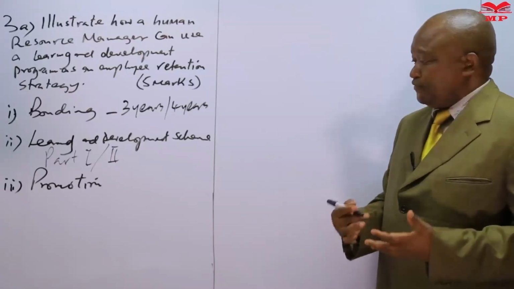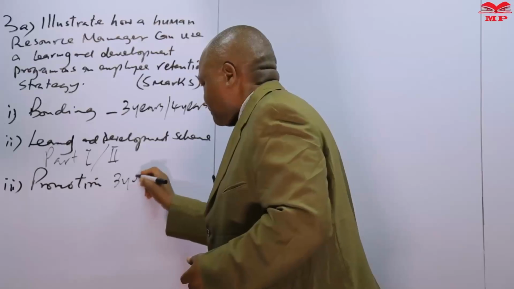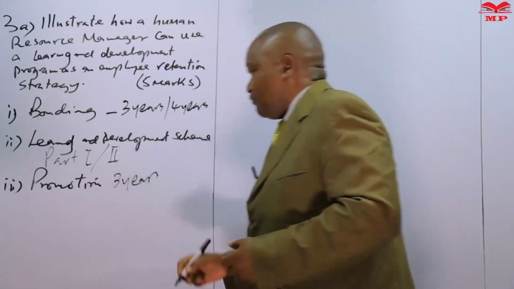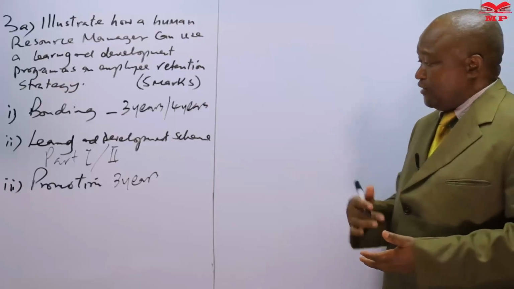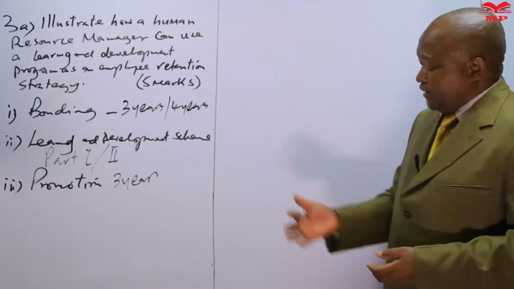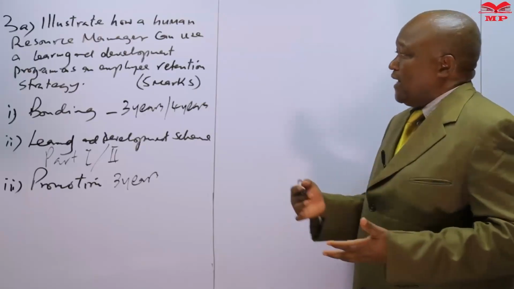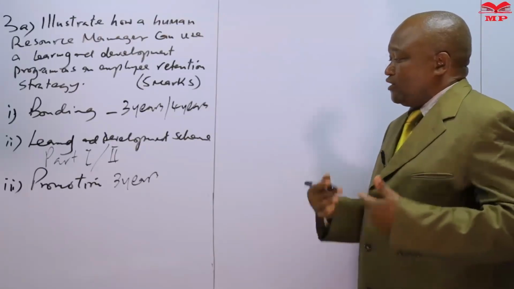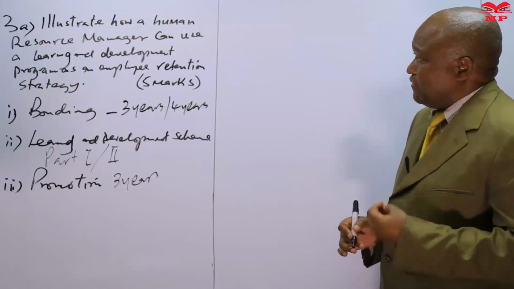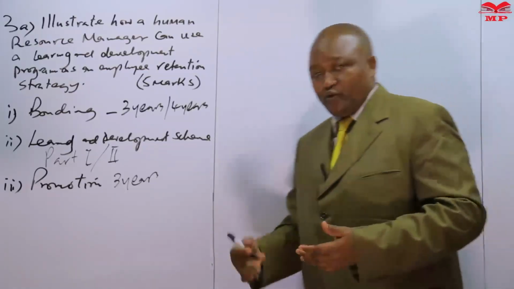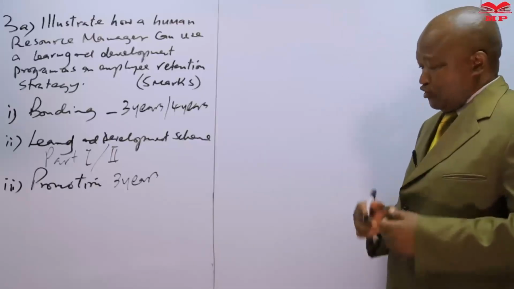And in so doing, if the promotions come after every 3 years, within the intervening period the employee is supposed to go for a training of 6 months, a training of 6 weeks or so. Then promotion is provided to those employees who have gone through a learning and development program. This will motivate workers to attend these learning and development programs in the hope that when their chance comes, they would be considered favorably for promotion purposes.